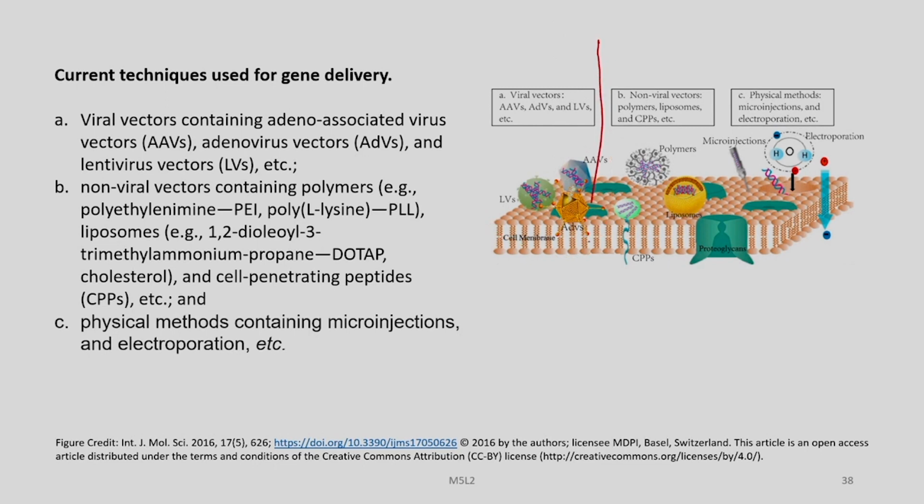Then we have non-viral vectors which may be polymers, liposomes, etc., or cell penetrating peptides, CPPs. Then we have other methods, physical methods, which may be microinjection, electroporation, etc. So, these in brief constitute the three major types of gene delivery platforms or methods.